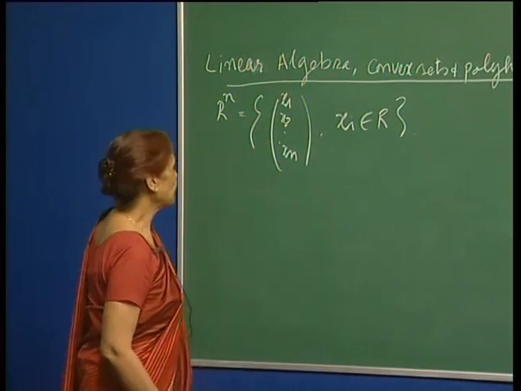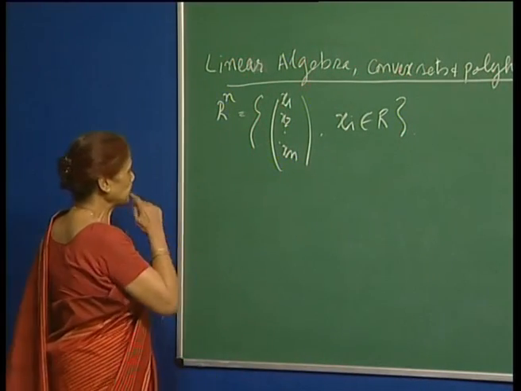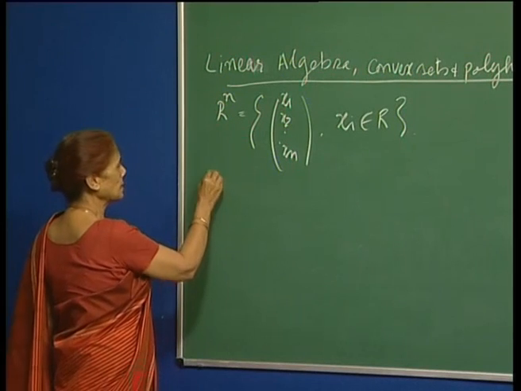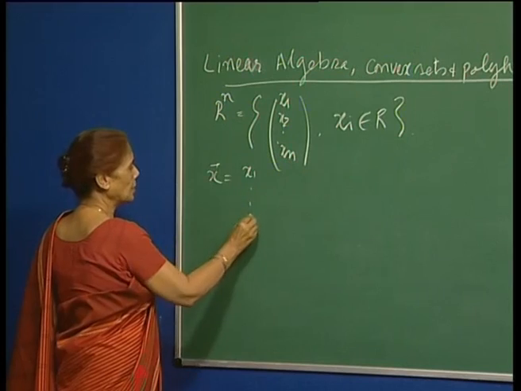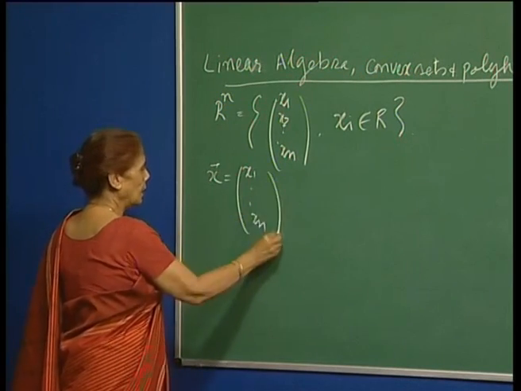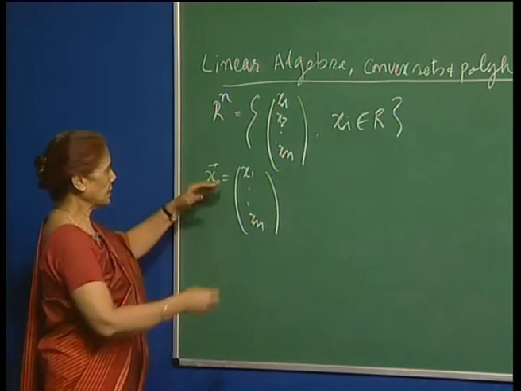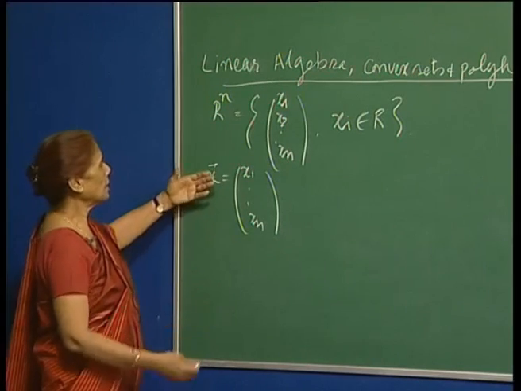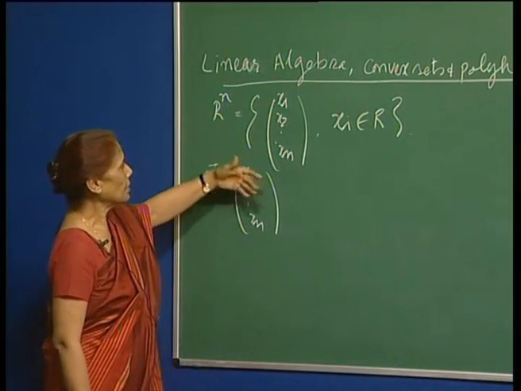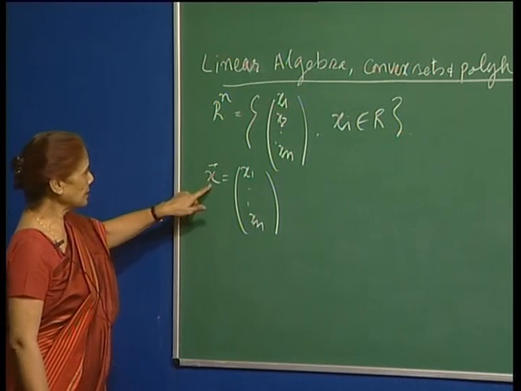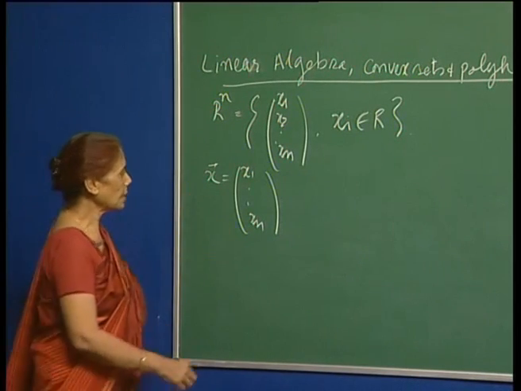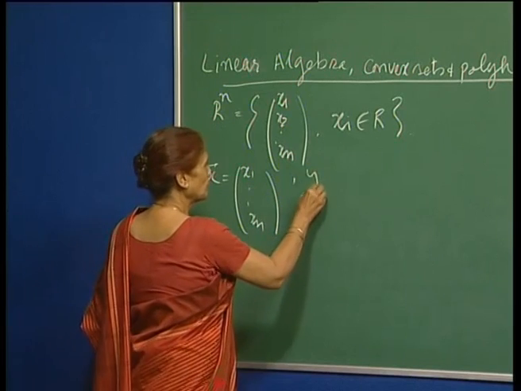I will call this n tuple a vector, and I will sometimes refer to it like this, or as an n tuple, and later on I will also give you another shortcut.